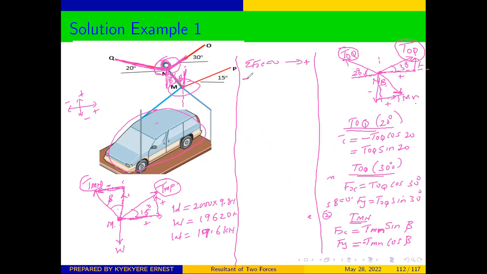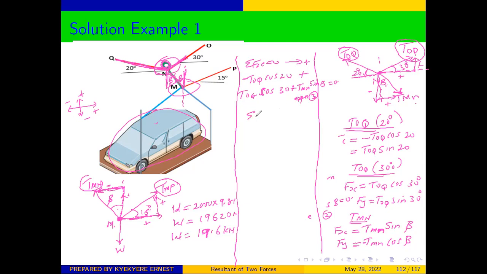Therefore, we are going to get negative TOQ cos 20 plus TOQ cos 30 plus TMN sine beta is equal to 0. And we can call this our equation number 3.